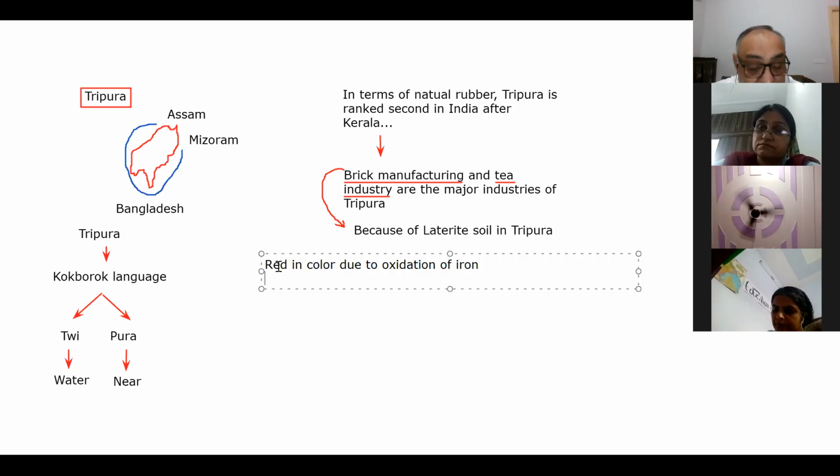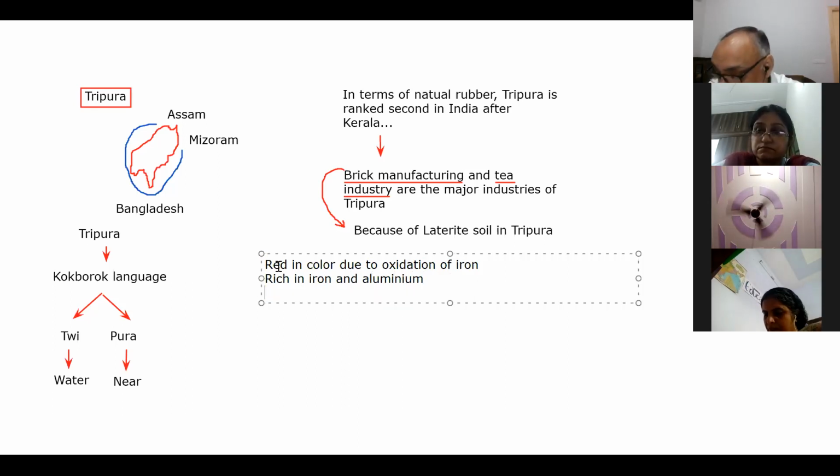Second, they are rich in iron and aluminium.